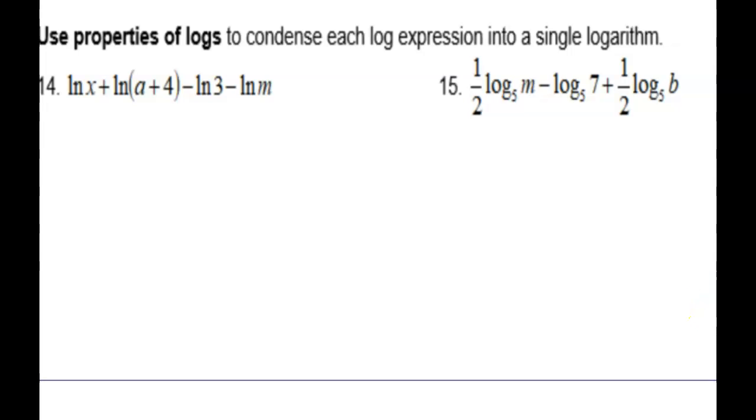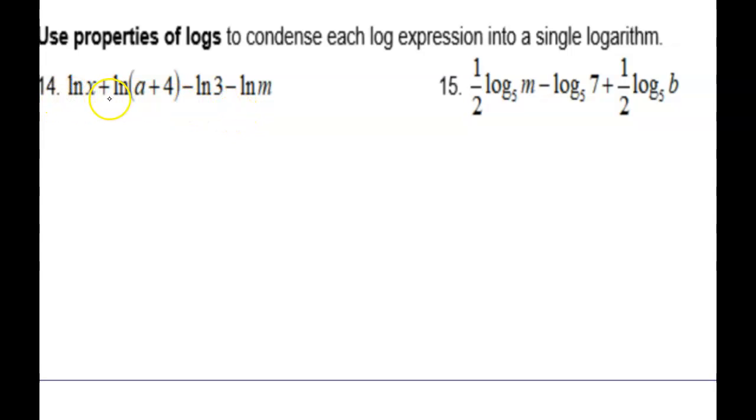Okay, properties of logs. We reviewed this yesterday. Anything that's plus is going to become what? Multiplication, and anything that's minus is going to become division or in the denominator. Okay, condense these into a single log.